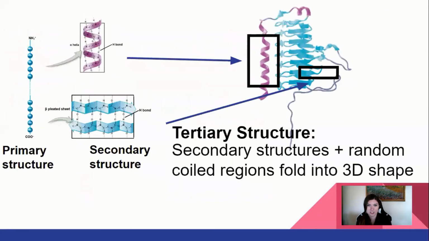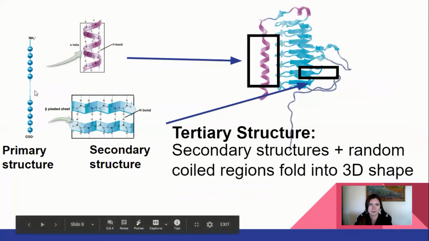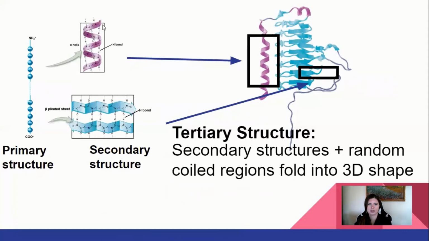We're also going to have a tertiary structure, so our third structure for a protein. Now, you'll note here that from our primary structure, so just our amino acids in a chain, we had our secondary structure, the alpha helices and beta pleated sheets forming because of the hydrogen bonds. Now, as we go into the tertiary structure, we can actually see that this polypeptide was pretty long.